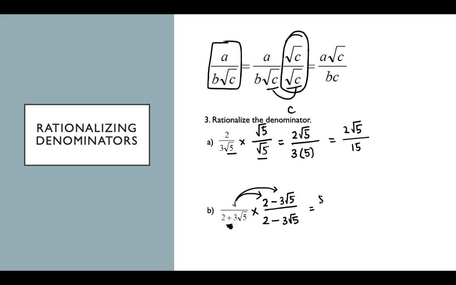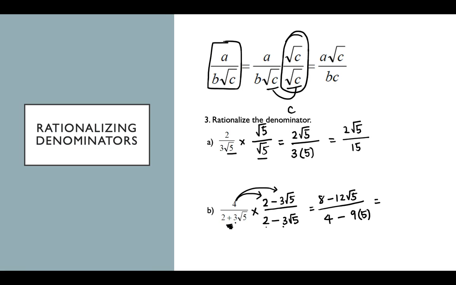So 4 times 2 is 8, minus 12 square root 5, over, so again, the perks of doing the conjugate radical, you just multiply. 2 times 2 is 4, minus 3 times 3 is 9, and square root 5 times square root 5 is 5.